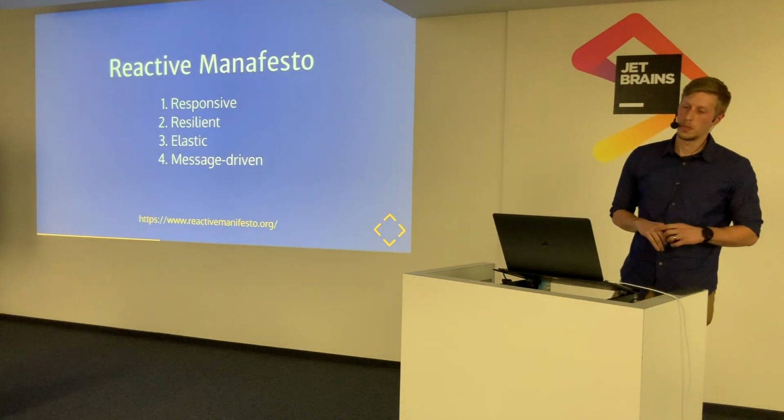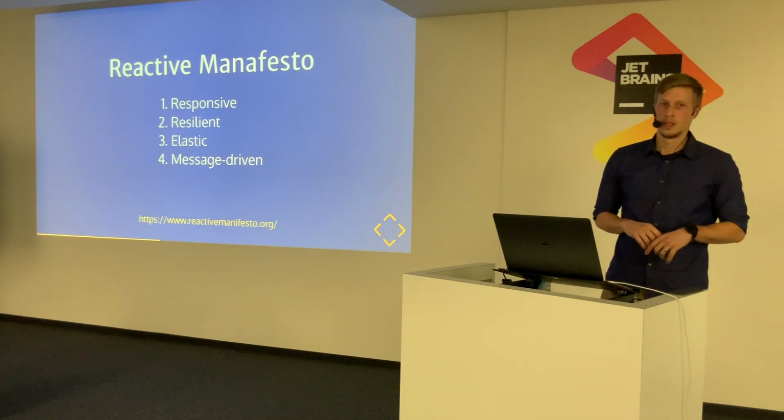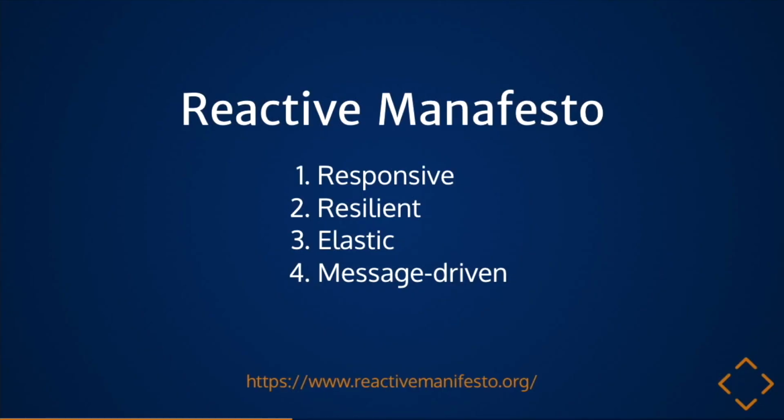The reactive manifesto says that your application must be responsive, resilient, elastic, and message-driven. When we're building applications with React, we tend to just focus on that first point, the responsive UI. But today, I want to zoom in and talk more about that last point, message-driven.